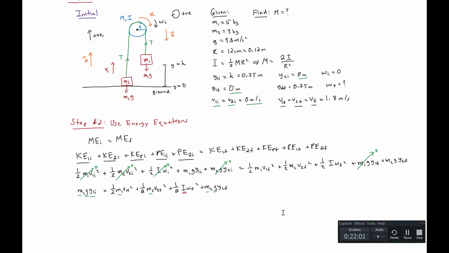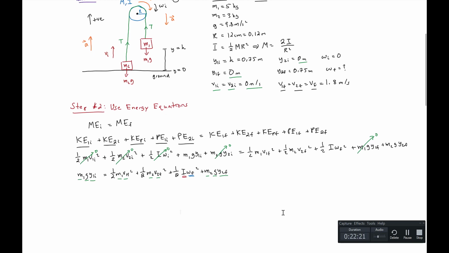We have the final speed. And we have the final height of the second mass. But what we don't have is omega f. So this means we need to replace I and omega f with something else.